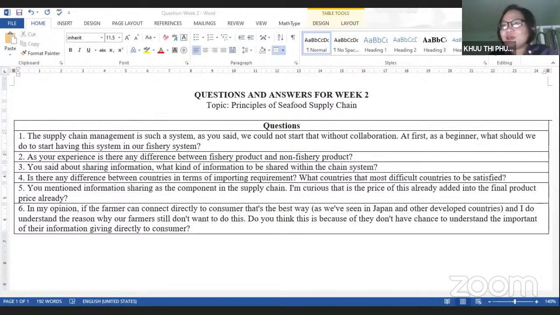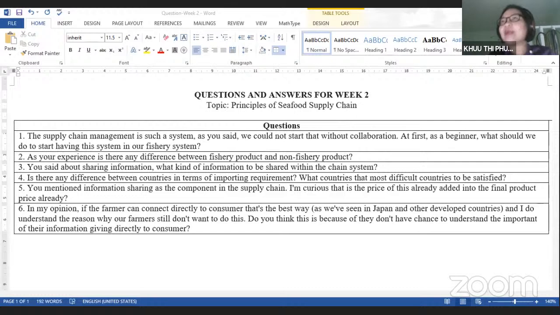Everyone will be happy if they know exactly how much they can get, and if they are sure they are protected by policy makers. Because in our fisheries, we cannot show the benefit very clearly to each agent, especially small scale fishermen or farmers, they are not willing to invest, integrate, or cooperate.